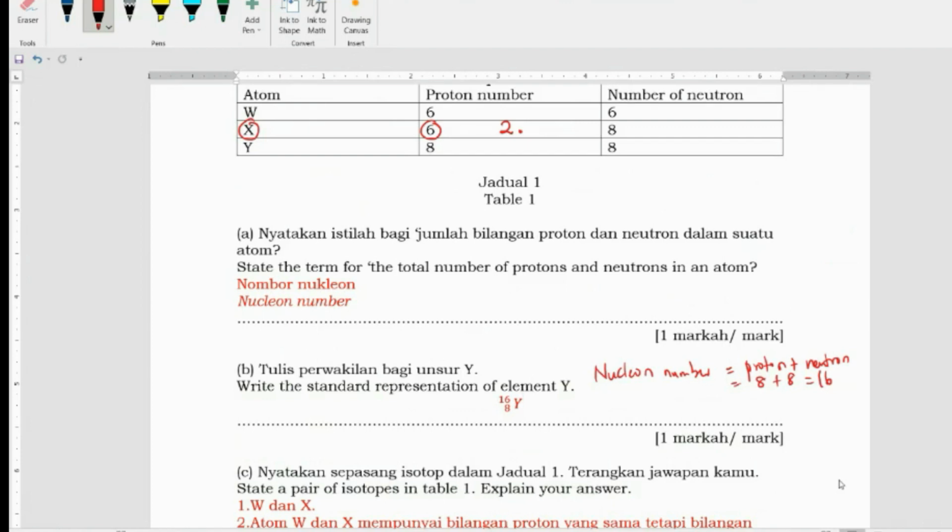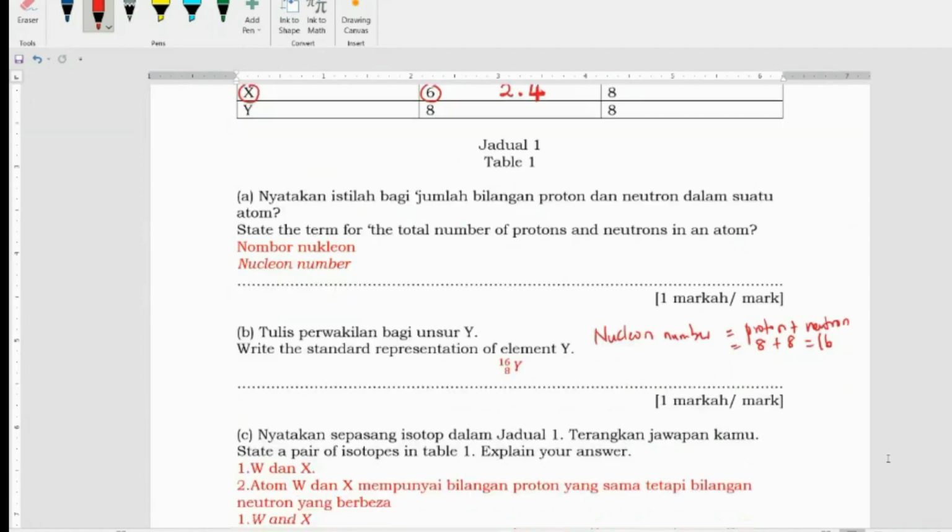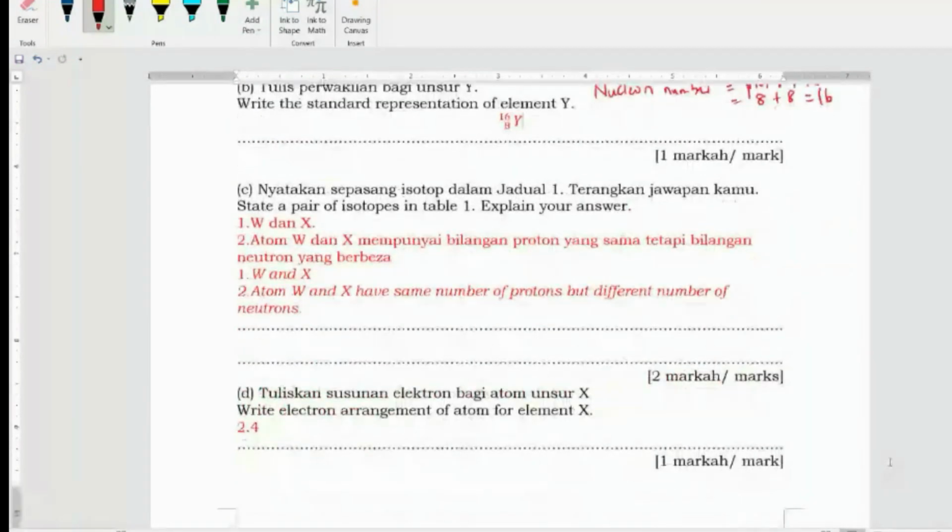So it will be 2, 4. Shell number 2 is 4 only. It can go up to 8, but here only 4 is left. So it's 2, 4.